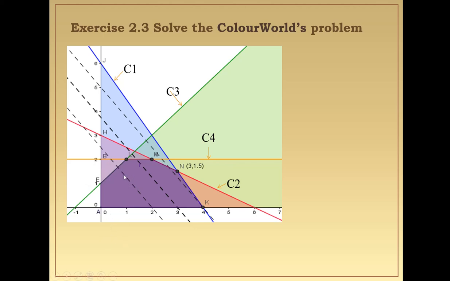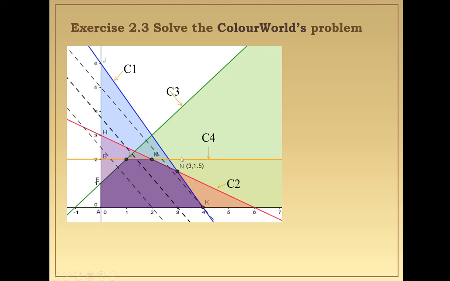If you choose a smaller Z, you start from down here. It will first touch point E, then move further and touch point L, then point M, then point K, and the last one is point N. Point N is the last vertex that meets the isoprofit line.